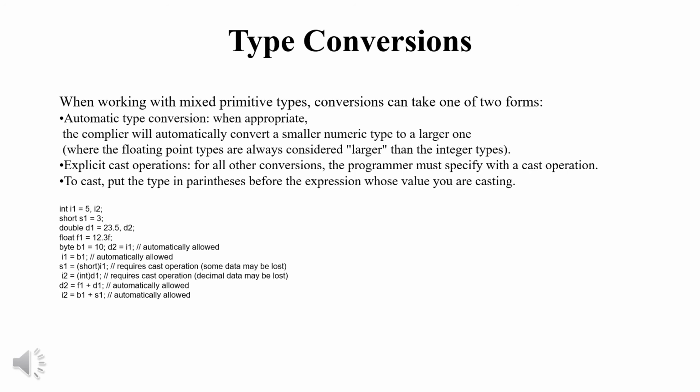So if we want to assign the value of D1 to the variable I2, since both have different types, what we need to do is change the type of D1 into integer because I2 is integer, right? And then do the assignment. So that's why we write I2 equals int D1, right? So that's cast operation.